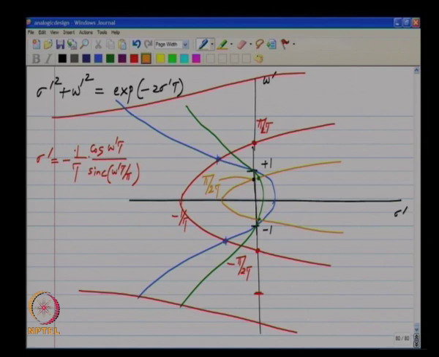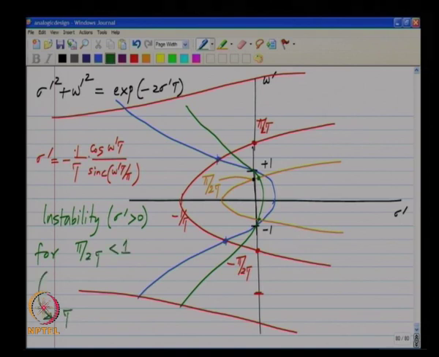Okay. So, we will get instability, which means some value of sigma prime more than 0, for pi by 2 tau less than 1. In other words, tau greater than pi by 2. Okay. So, that is what we have learned by plotting these two nonlinear equations on a single pair of axes and finding out the points of intersection.